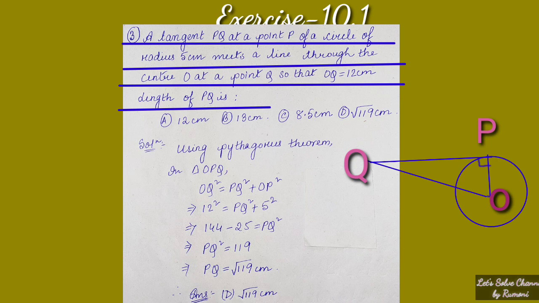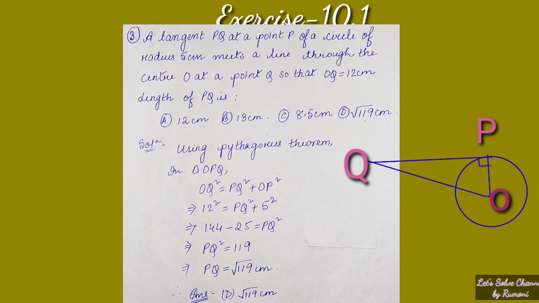In the question it is given that the radius, which is OP, is 5 cm. In triangle OPQ, it will be OQ square equal to PQ square plus OP square. Put the values of OQ and OP, and after that you will get the value of PQ, which is root over 119 cm.